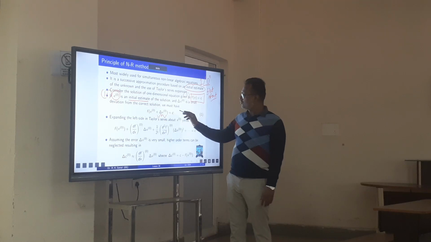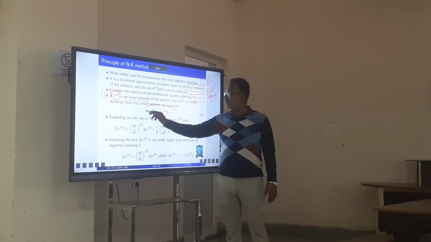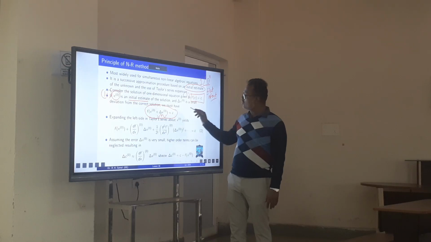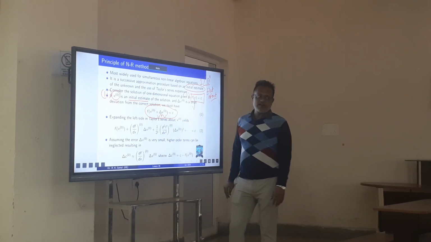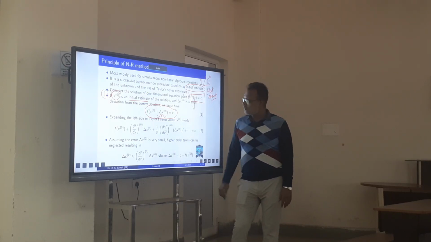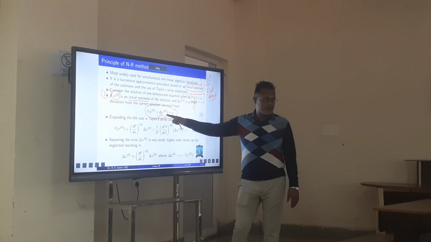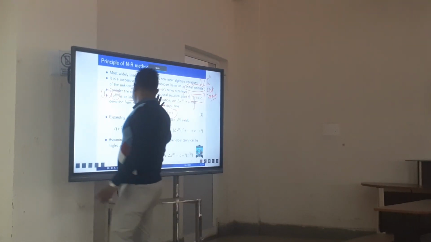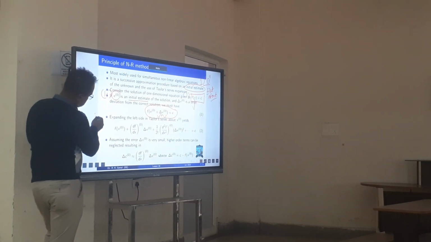Therefore f(x0 + delta x0) must be equal to c, and this x0 + delta x0 is an approximation of the result for x. Okay. So this is the solution that we want to achieve. Our objective is to find this delta x. Now this is what you need to understand, and this part is only the derivation. Nobody will ask you the derivation.